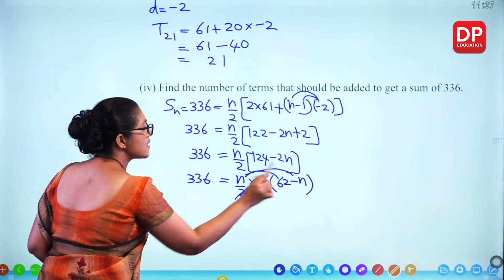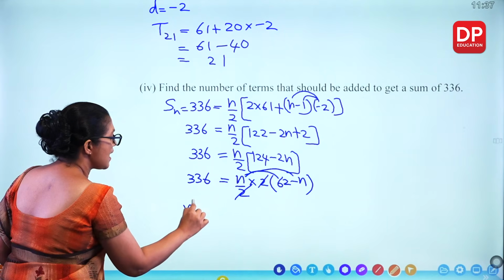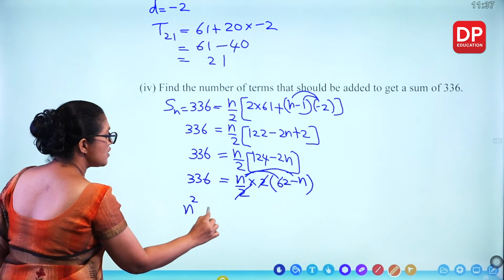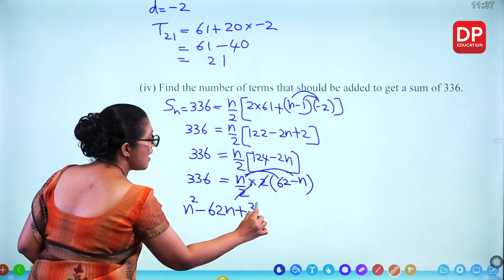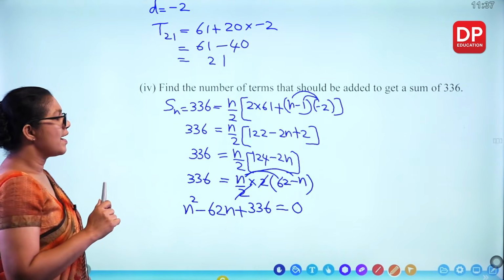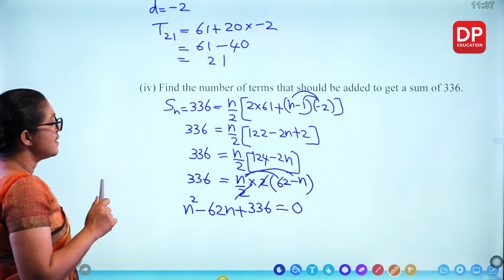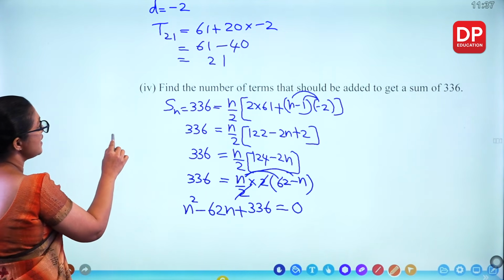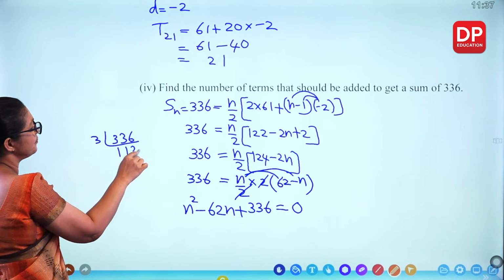So multiply and take all terms to one side. So you get n into minus n squared. When you take it to this side, that's n squared. N into 62, 62n. When you take it to this side, 62n here. Plus 336 equals 0. We need to find out the factors of 336 and the value is minus 62. So we'll divide and see. You can divide by 3.